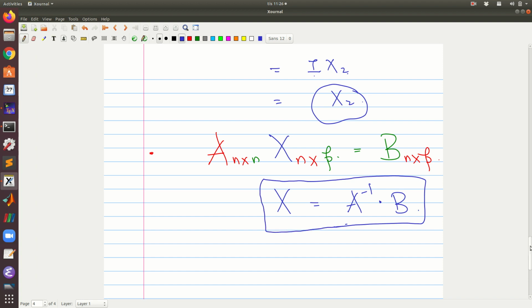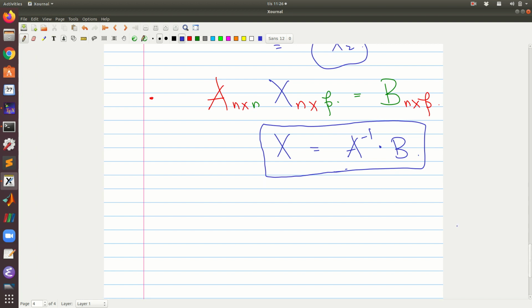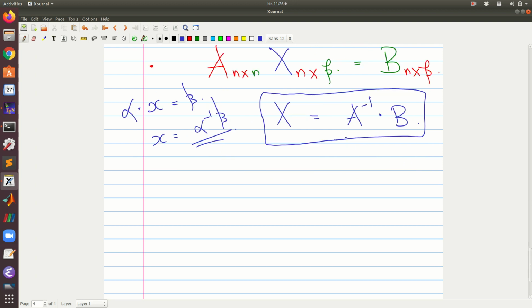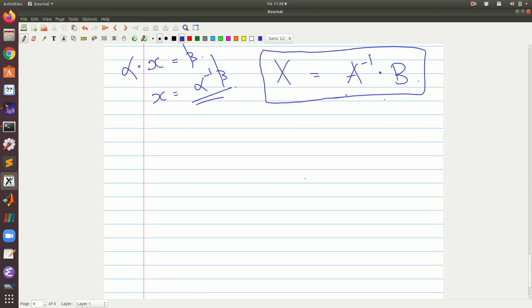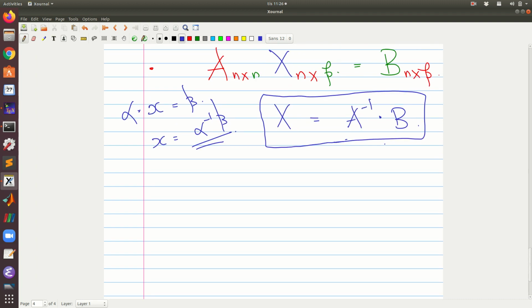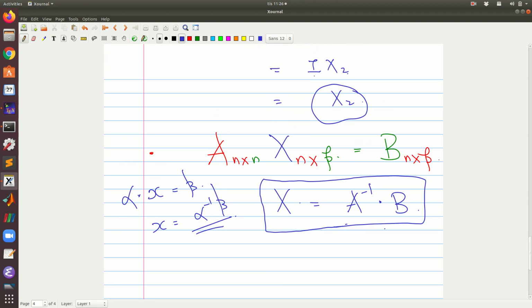By defining it analogously to scalar multiplication, where we say that alpha times x equals beta, and we say that the solution to that is alpha inverse times beta, okay. It's the same idea here. So we are going to say that a system of n equations in n unknowns, which we have just written here, can be written as a single matrix equation.